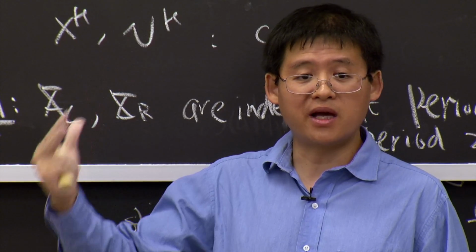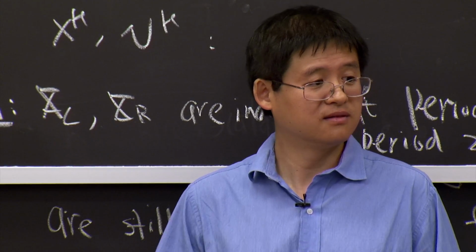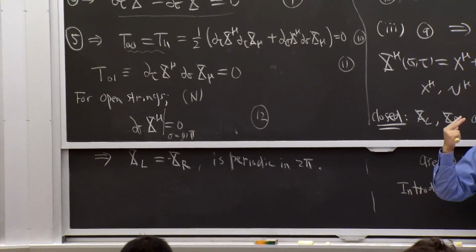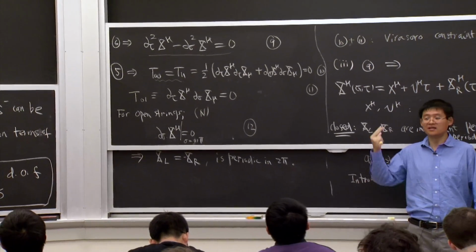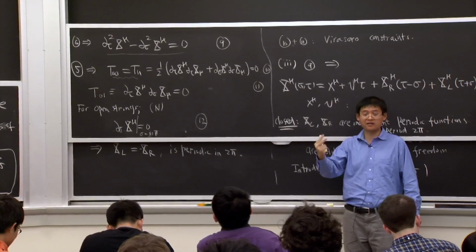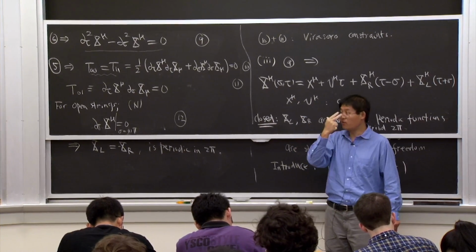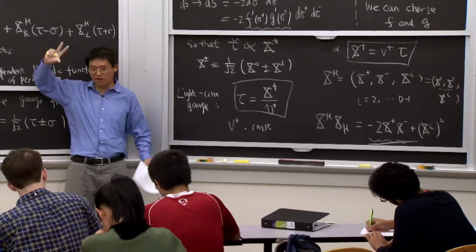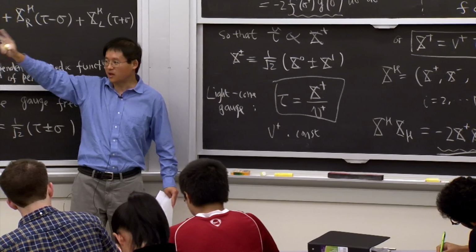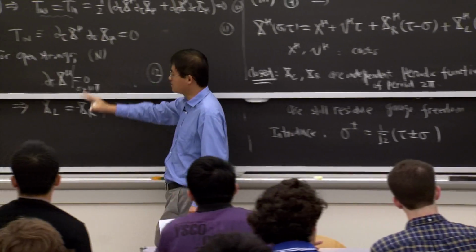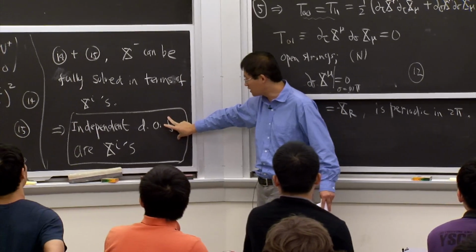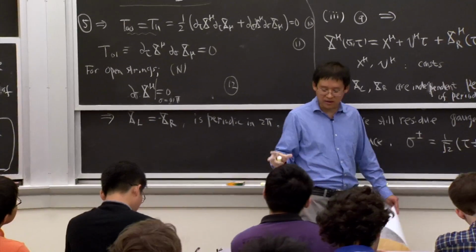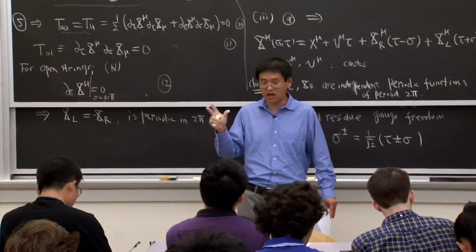And this will make our life very easy, because xi are just free scalar fields with the right kinetic term. We have also gotten rid of x0, because we said that before, x0 has a wrong sign kinetic term. But now the only independent degrees of freedom are xi's, and they have the right sign for the kinetic term, and they are just free scalar fields.